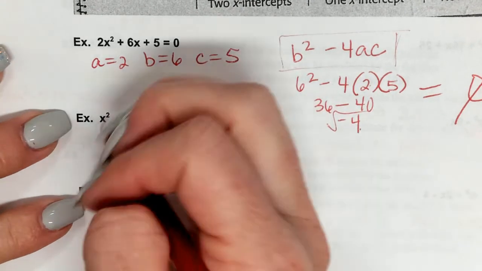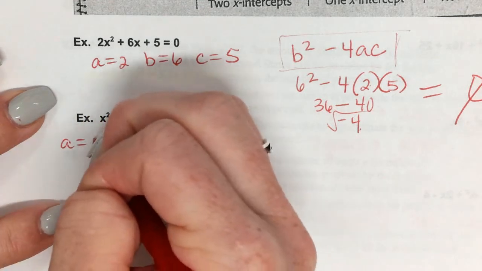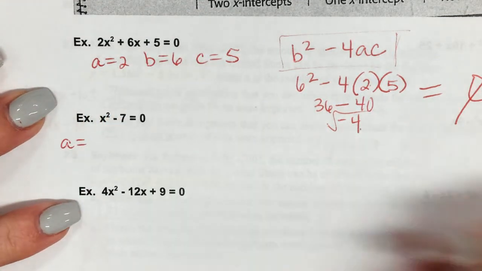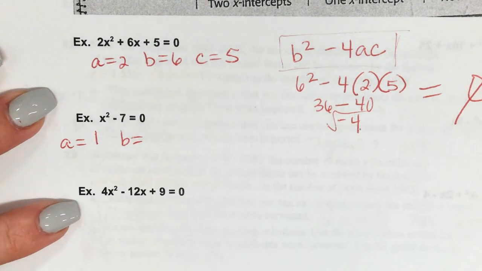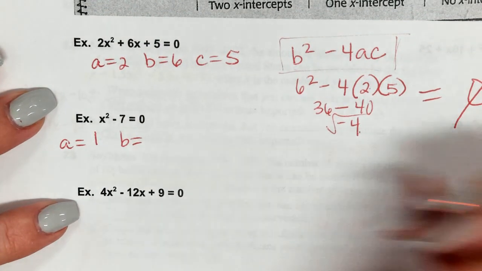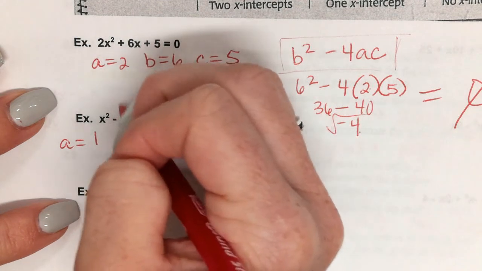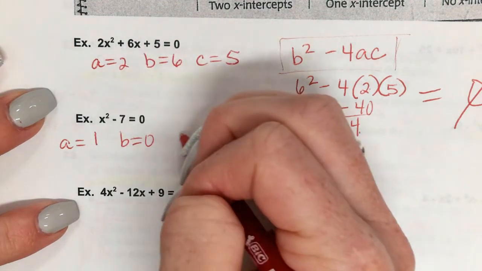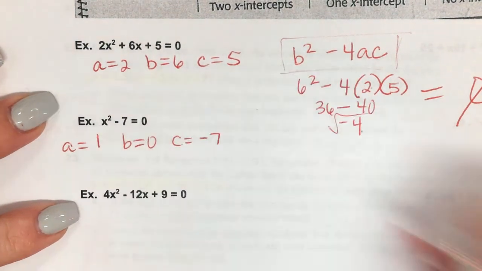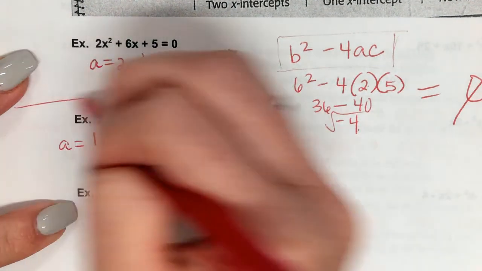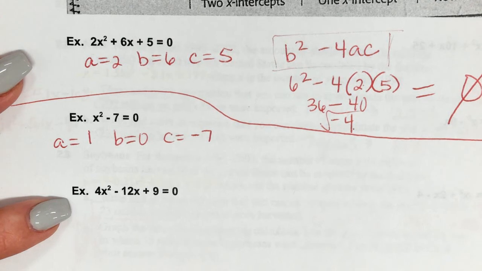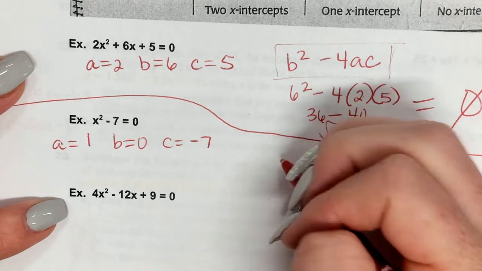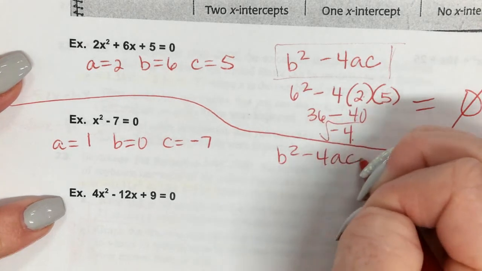What's my A? What's my B? 0, because there's no coefficient with an x. And what's my C? All right, so I'm just going to plug it into what would be under the radical symbol to see how many answers I would get. I need to do b squared minus 4ac.